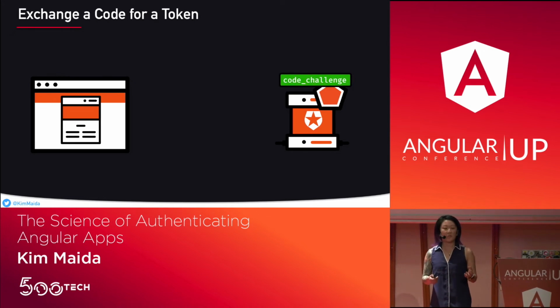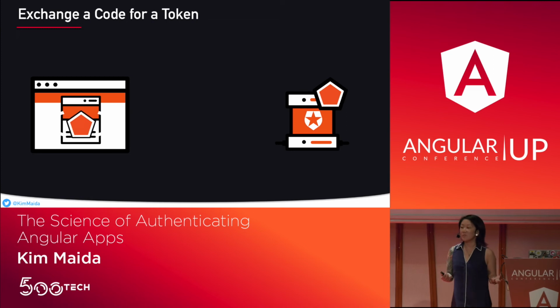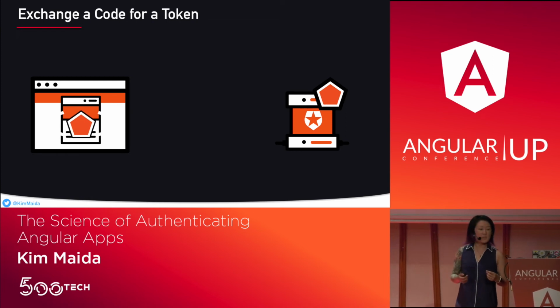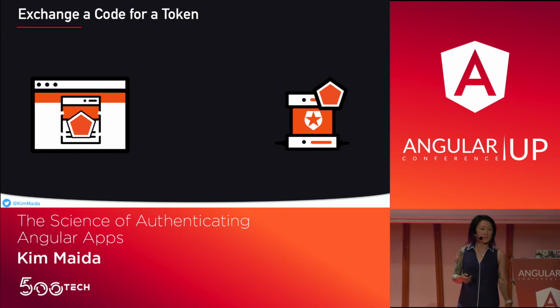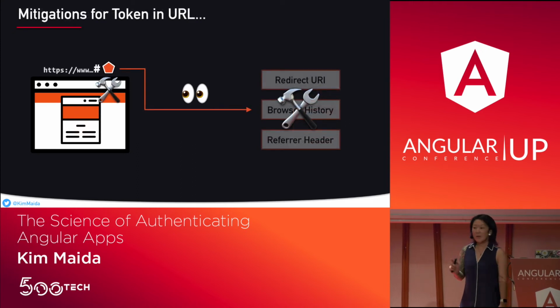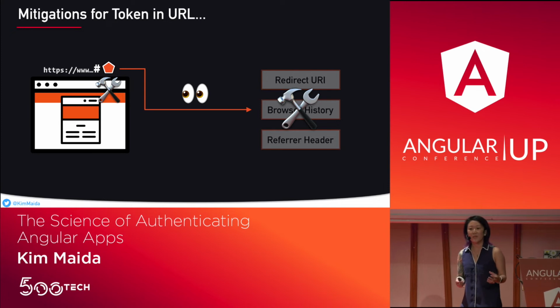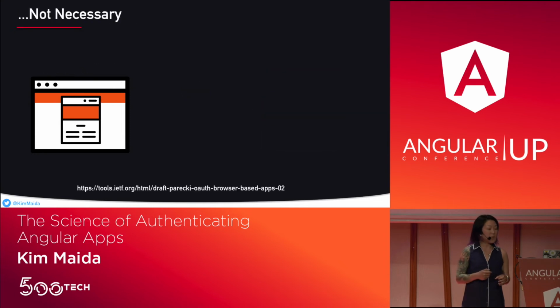Now, if the challenges do match, then a token is issued, and it's sent back to the application as in a JSON object. Now, with this scenario, all of the mitigations for security risks that we were taking in order to protect the token being in the URL, we don't need any of them anymore.